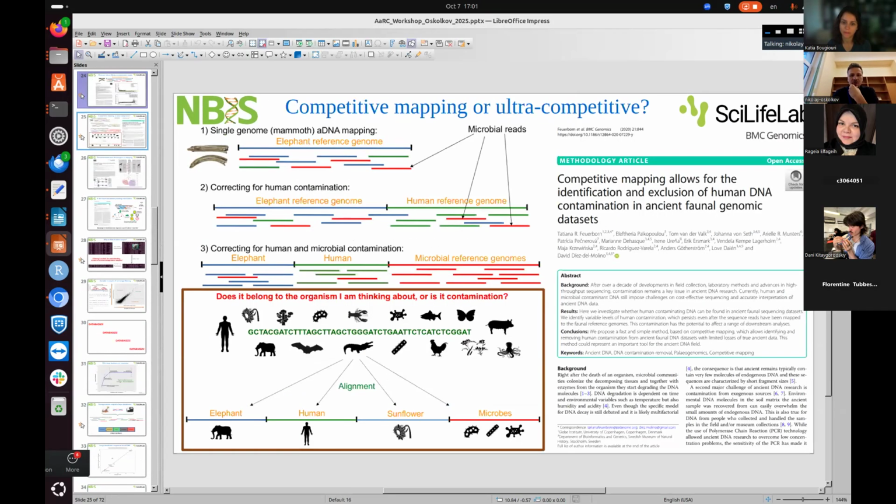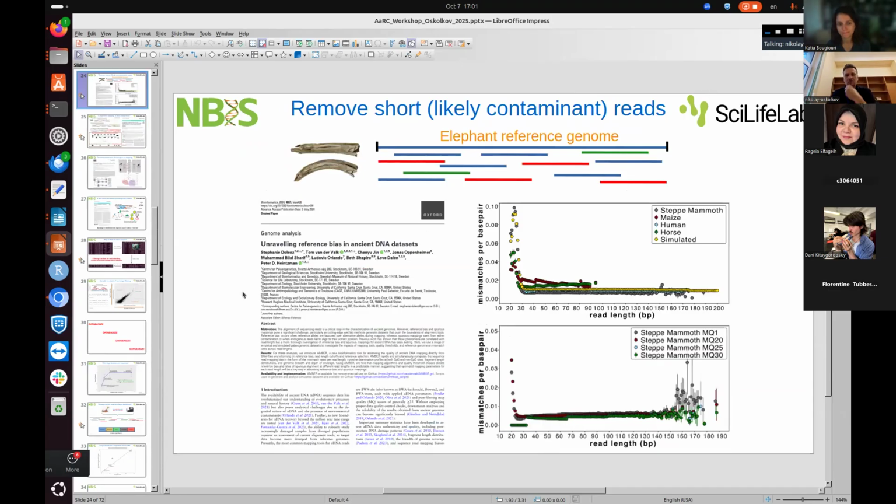Yeah, so I highly recommend, if you have this evolutionary divergence, that you're prone to reference bias. The risk is that you will select reads that resemble the reference the most. You're making your ancient organism artificially more similar to the modern reference.